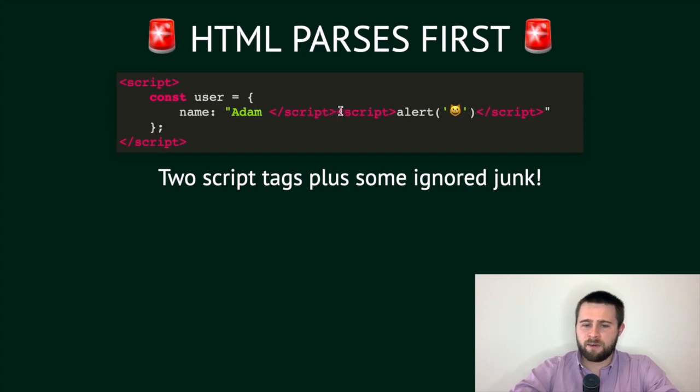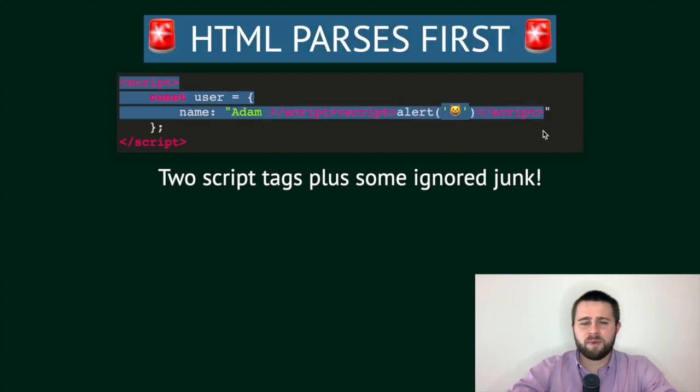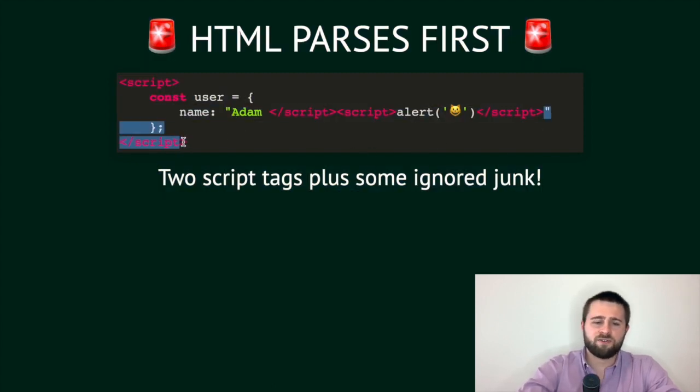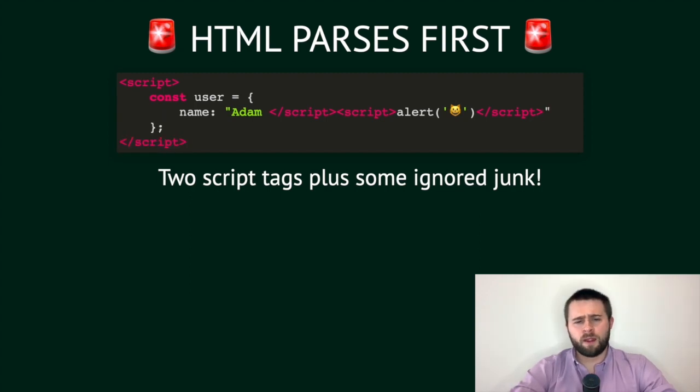Then there's this second script tag that I'd entered in my name, and the JavaScript within this is perfectly valid. It's a call to alert a cat face, so that's what we get. And then there's a trailing piece of code with a closing script tag, and I think most browsers would simply ignore this because they try and parse HTML in a very lenient way.